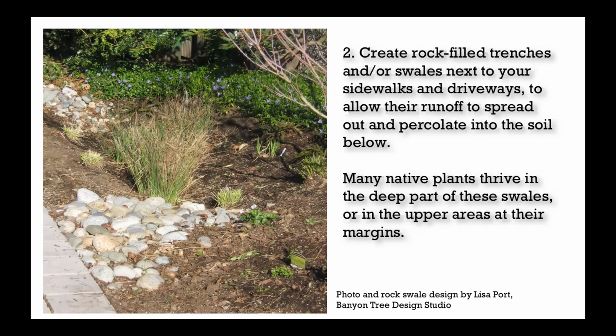So where that water is sheeting to, you can help direct it into a low spot where it can build up a little bit. It's sort of an informal rain garden also.